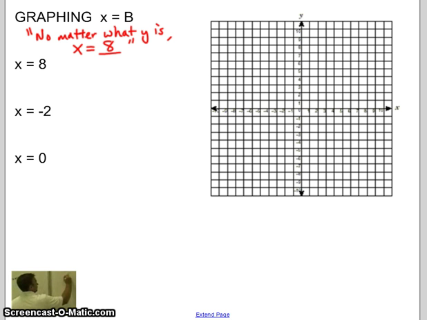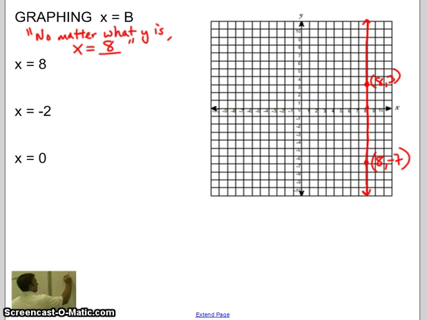So we go to 8 on the x-axis, and we're going to draw a vertical line. If you notice these points, this point right here is 8 comma 3. This point right here is 8 comma negative 7. So no matter what y is, x equals 8.